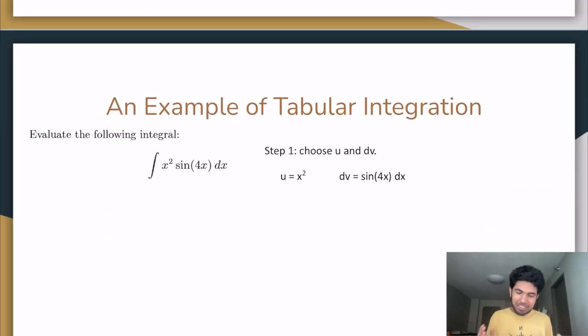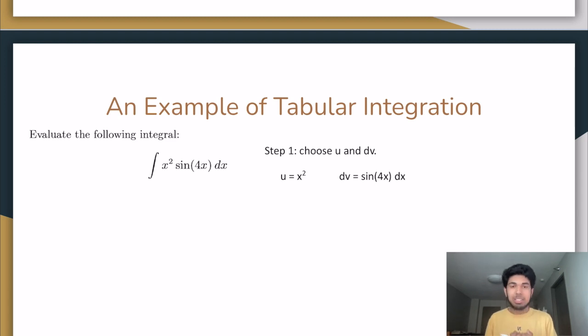So suppose we wanted to find the integral of x squared sine of 4x dx. I have faith that we can solve this using integration by parts, but I don't want to. I want to use tabular integration. So what I'm going to do is choose a u and dv. In this case, my u will be x squared, my dv will be sine of 4x.